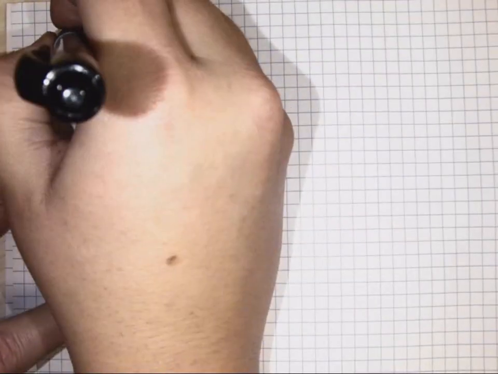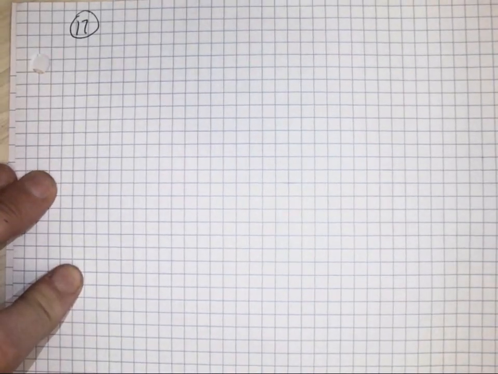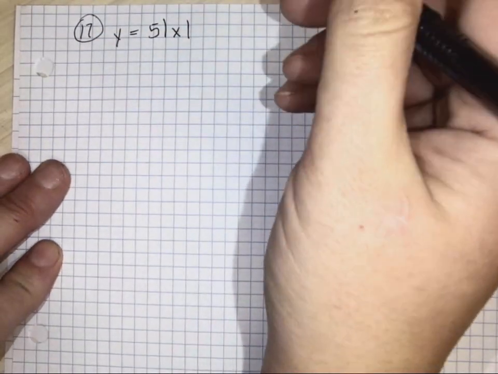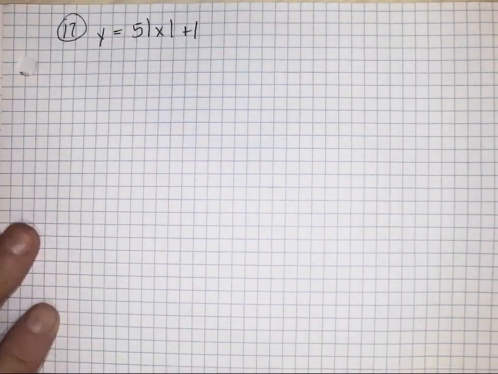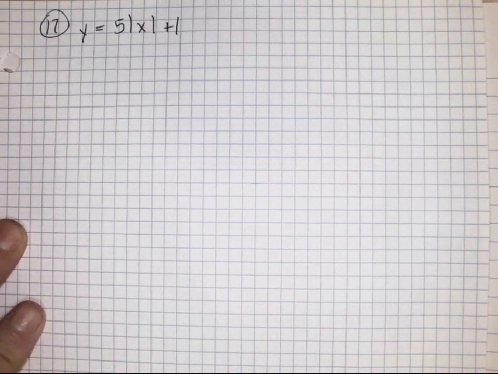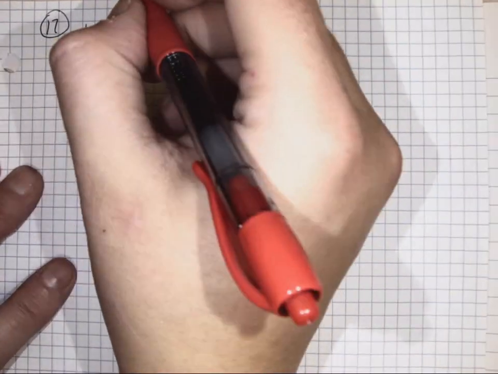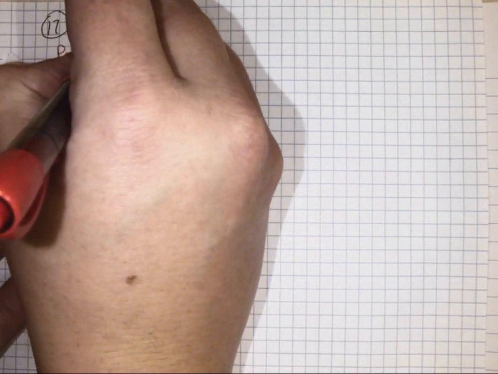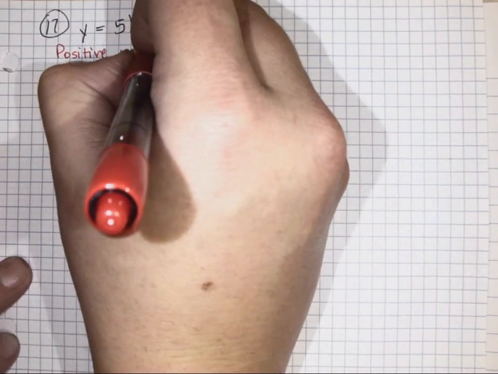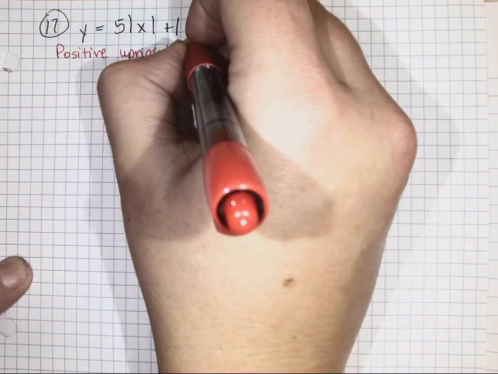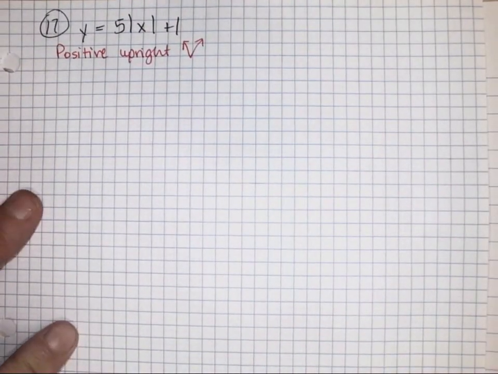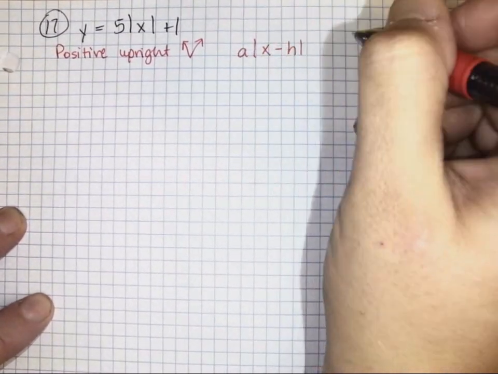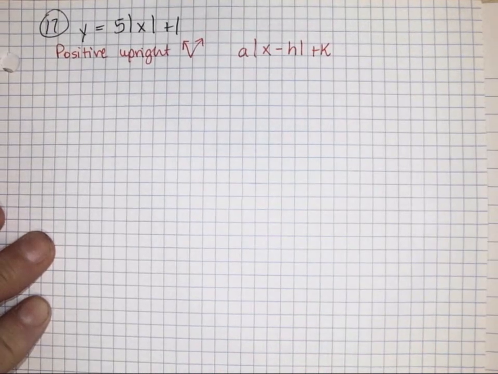Okay, 17. I have y equals 5 times the absolute value of x plus 1. This is in vertex form. And it's positive, so I have a positive 5. So I know my graph will be upright and will look normal. And recall that vertex form is a times the absolute value of x minus h, plus k.